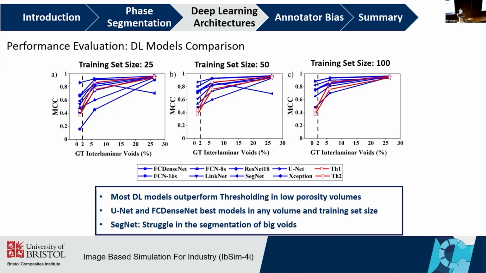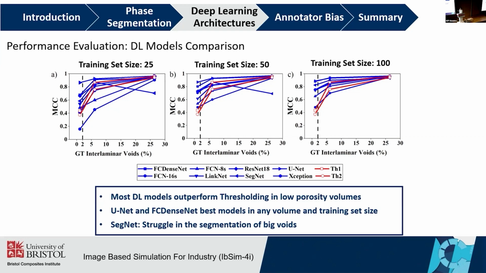As we are increasing the training set size, the performance of the deep learning starts to outperform thresholding. By using the full set size, most of the deep learning architectures or models clearly outperform the thresholding approach.